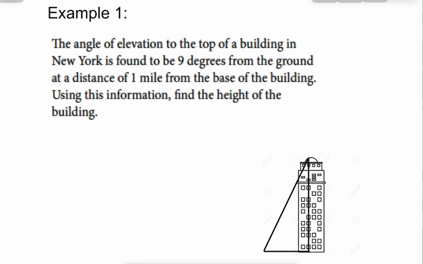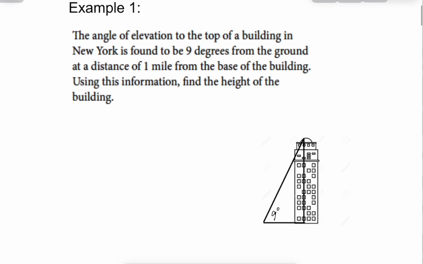It says that an angle of elevation to the top of a building in New York is found to be 9 degrees from the ground. So let's put 9 degrees right there. So an elevation is from the ground looking upward, at a distance of 1 mile from the base. So we're going to make that 1 mile.